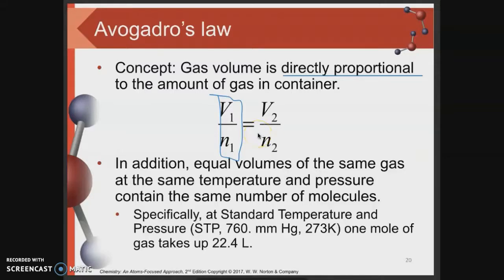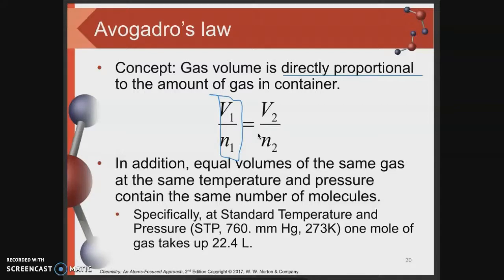But what we can also look at is if we have similar kinds of conditions, Avogadro's law sets up for us a really common kind of idea, and that is at a specific temperature and pressure. We call it standard temperature and pressure.